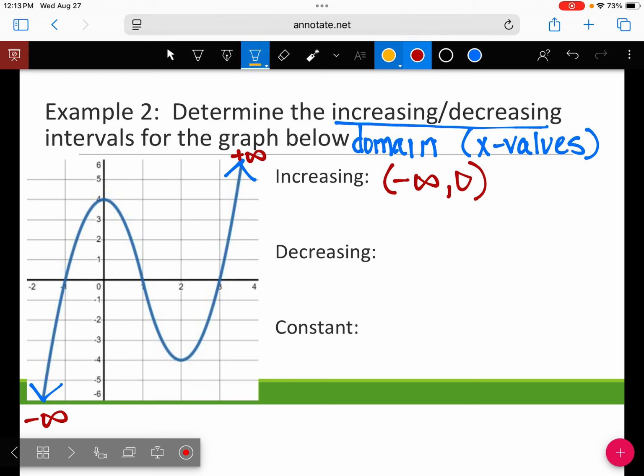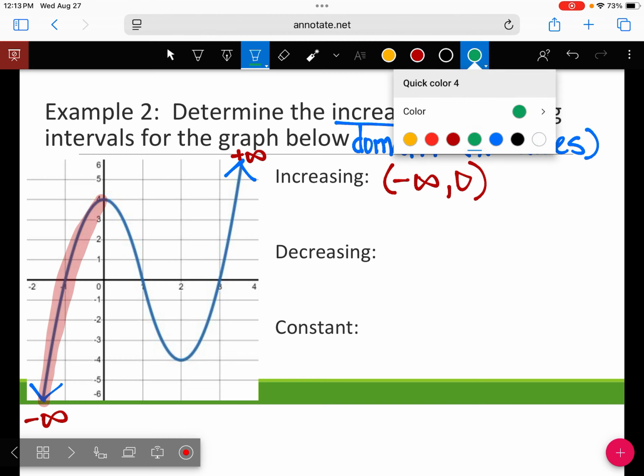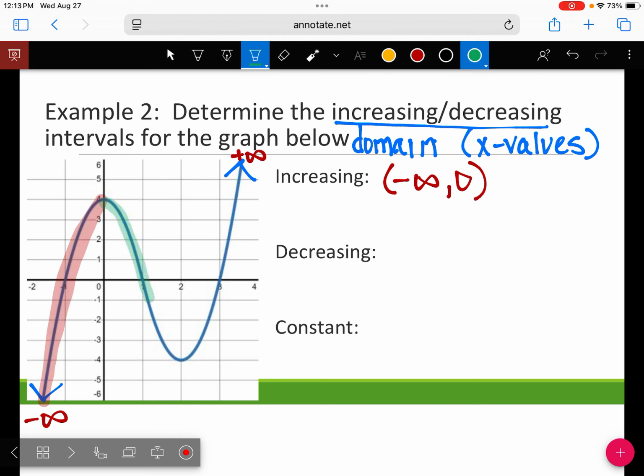So I'm going to highlight it from here to here. This is going up. Then, starting at 0, it goes down. When does it stop going down? When x is what? 2. So from 0 to 2, it decreases.